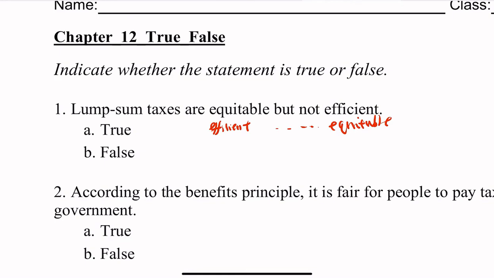So basically it means that if a person has higher income, then this person should bear larger tax. This implies a progressive tax system is more equitable, and a regressive tax system is less equitable.